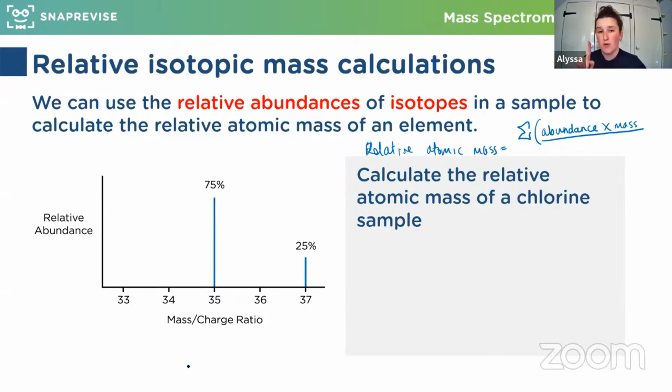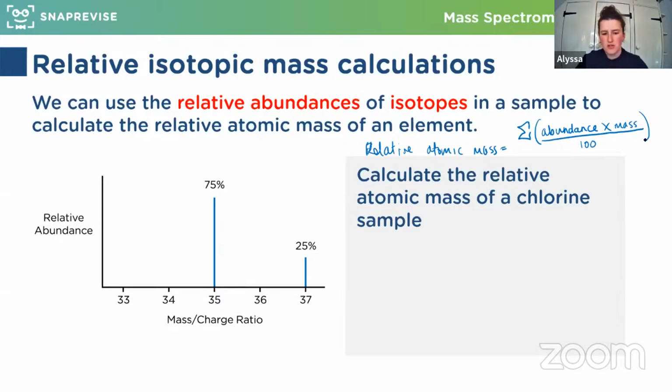So it's an ion of 1, and the mass to charge ratio is just the mass, because it's the mass divided by 1. Having said that, they may sneak a sneaky question in, but it's unlikely. So abundance times the mass, which we take to be the mass to charge ratio. And then we divide by 100.